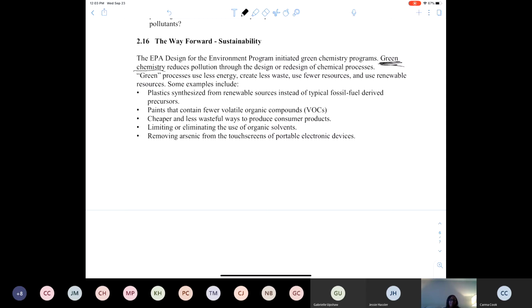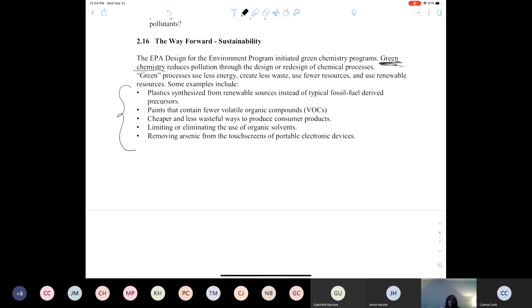And so some of the things that have been done recently to initiate more green chemistry principles, things like synthesizing plastics from renewable sources instead of typical fossil fuel derived precursors, and then using paints that have fewer volatile organic compounds, finding cheaper and less wasteful ways to produce products for consumers, limiting or eliminating the use of organic solvents, which have high levels of VOCs, and then removing arsenic from our products, things like the touchscreens of our portable electronic devices.